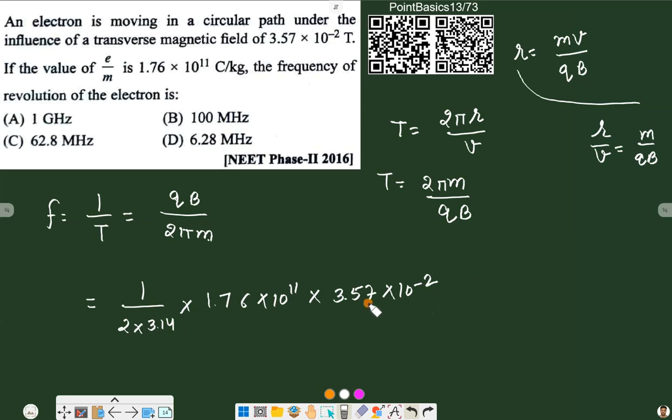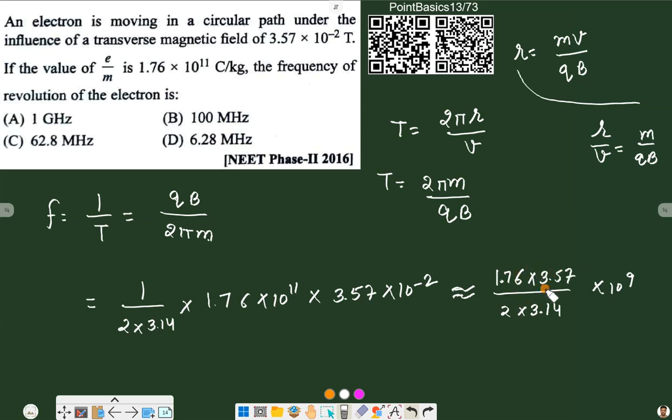Now if we compare the values, I'm going to approximate. So what we have is 1.76 into 3.57 divided by 2 into 3.14, multiplied by 10 raised to power 9.